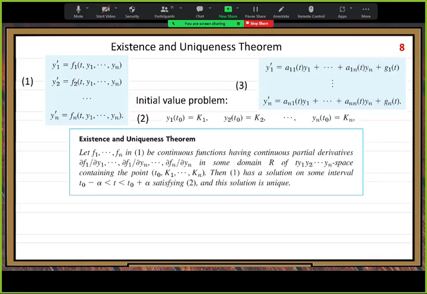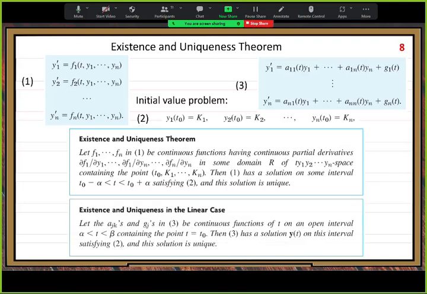Now, the first version of the theorem is non-linear, but the second version we restrict to linear. In this version, you can see equation 3 is a linear ODE system. All the coefficients are functions, but the multiplication has the matrix multiplication structure.